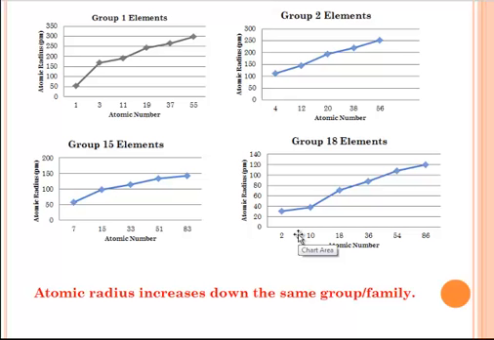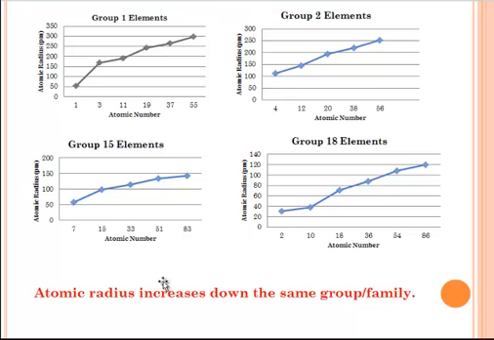The atomic radius increases down the same group or family, as we can see from hydrogen all the way down to cesium, and from helium to radon, the second to the last element for the noble gases. Okay, so that's the general trend.